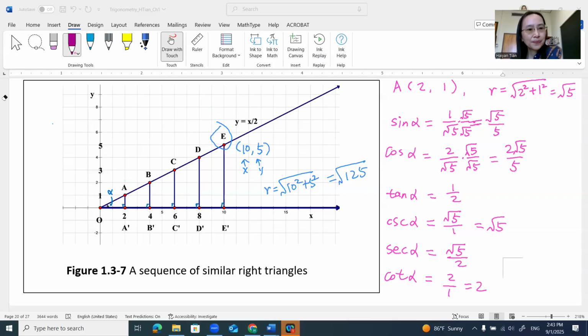So let's keep in mind the smaller triangle, right triangle OAA prime, right? The smaller triangle and the larger right triangle are similar, as we discussed in one of the previous videos.